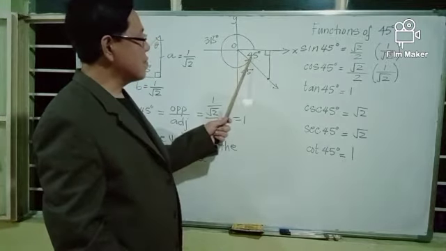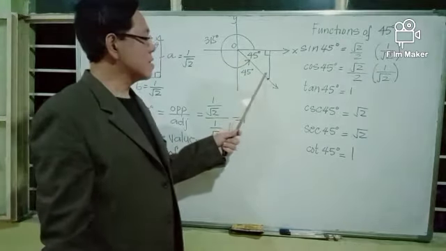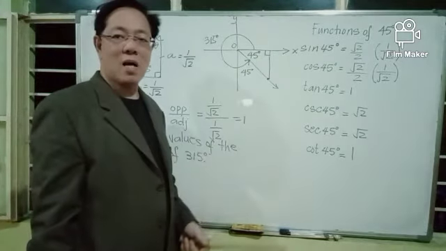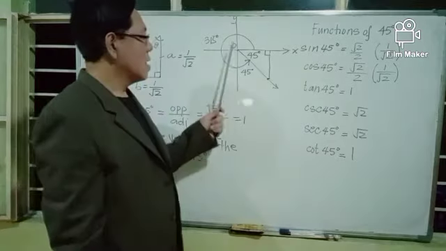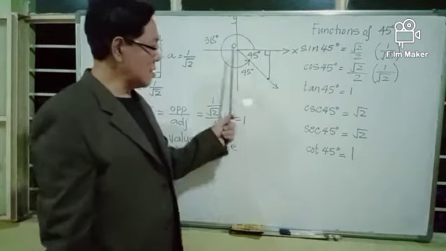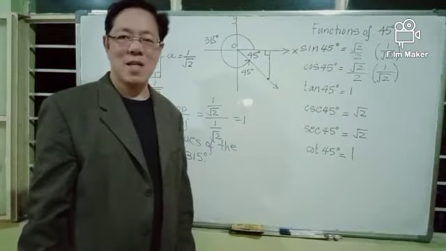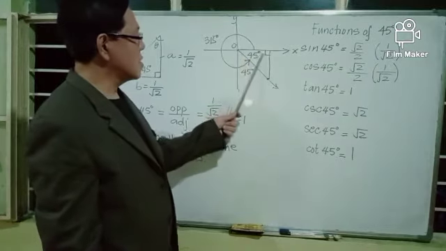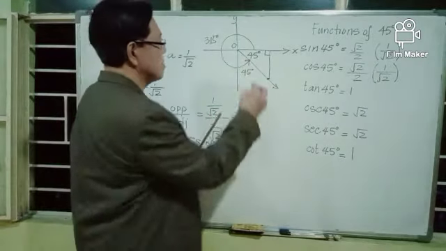And if this is 45, this is also 45 degrees. And the sides opposite these two 45-degree angles are also congruent. Hence, this right triangle is an isosceles right triangle. The side opposite the right angle is 1.